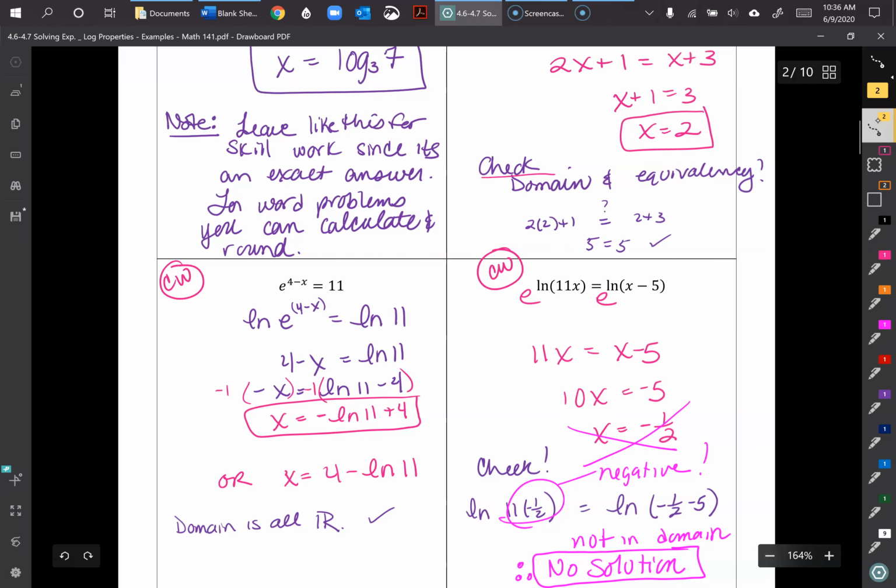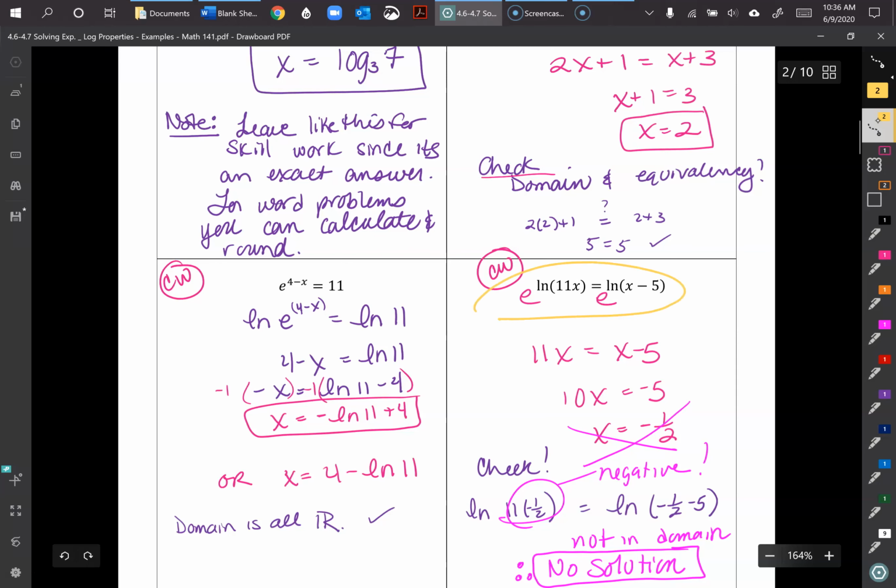And so I end up with x equals negative ln 11 plus 4. Sometimes we don't like that negative in the front, so we can write it as 4 minus ln 11. In my domain, I would have to have all real numbers as my exponent, and that is a real number. So we're all good there.